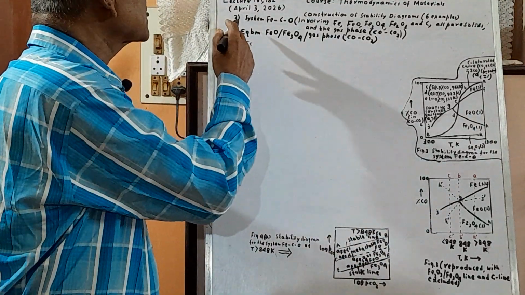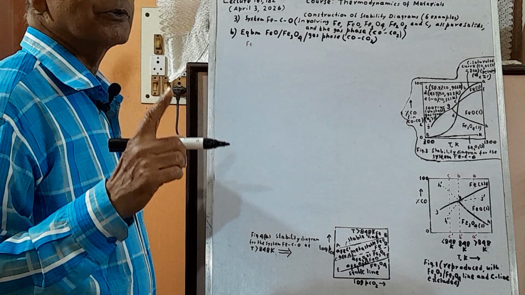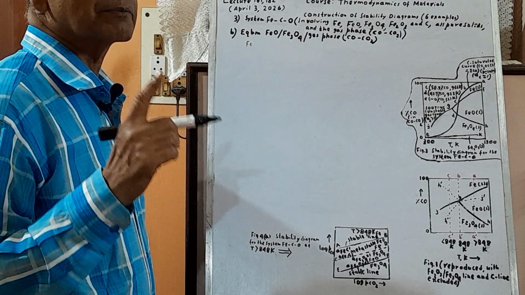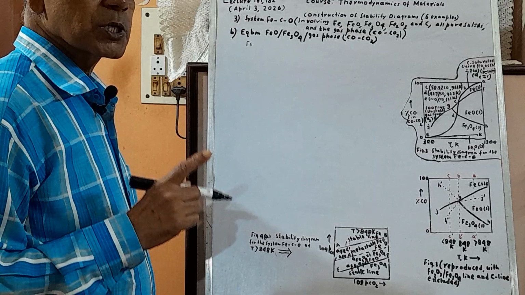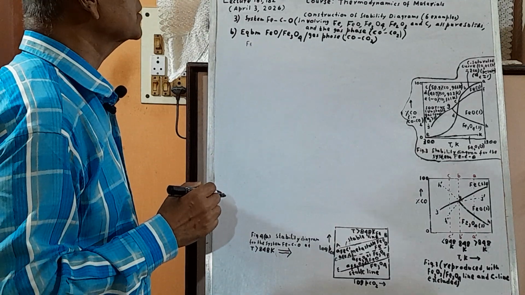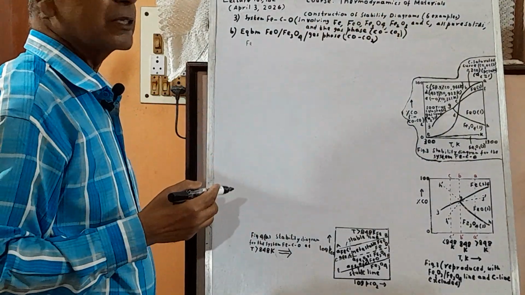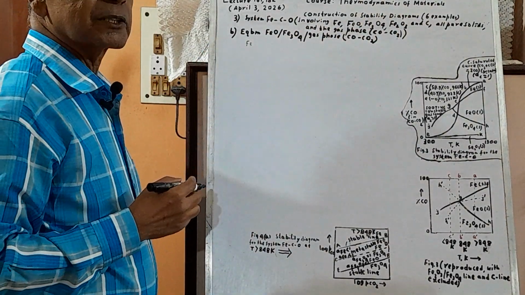It is the next example, 4. 6 examples we will take. We are discussing the application of the phase rule. 6 we will consider. So 3 now. Here this is construction of stability diagram. 6 examples. Now we are into the third.